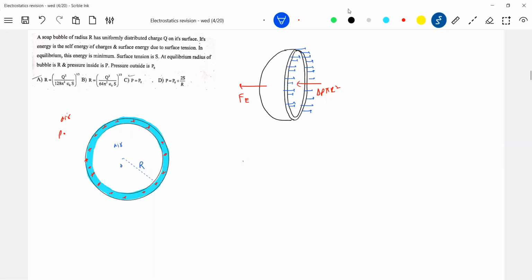I'm showing, look at the arrows. The net will be force due to surface tension. And this is one half of this bubble that I'm displaying. Agreed? No? Okay, now think and analyze. It's in equilibrium.